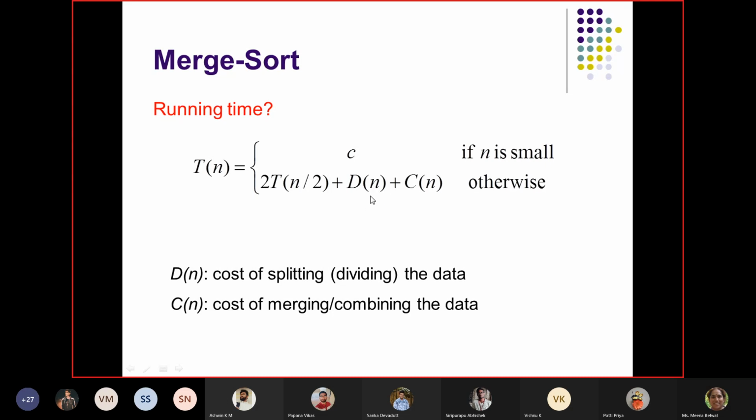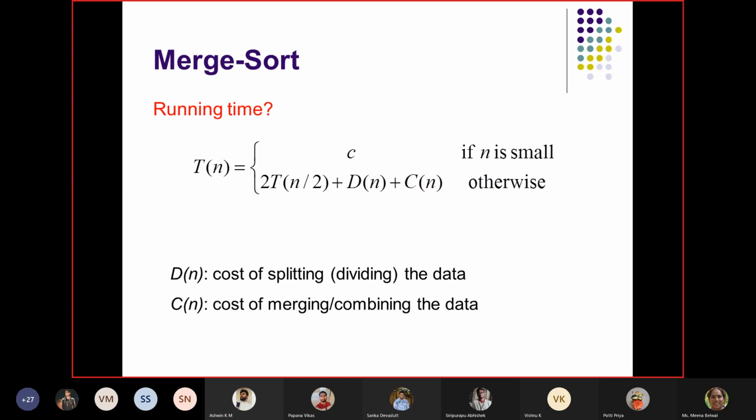You divided data of size n, so that's D(n). For combining, again you iterate over n elements, so it is C(n). If you divided it into three parts, we would assume 3T(n/3). If we assume halves, we assume 2T(n/2).